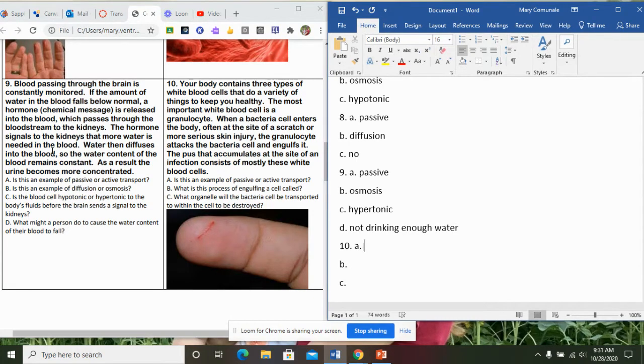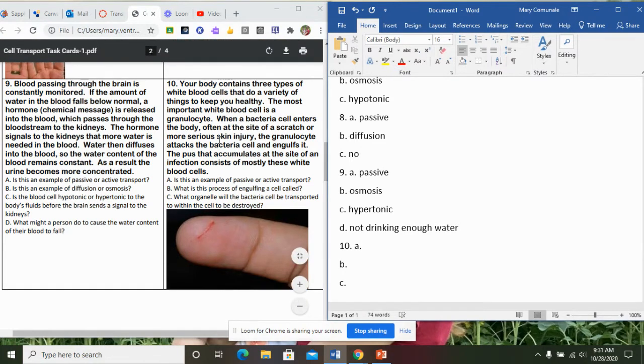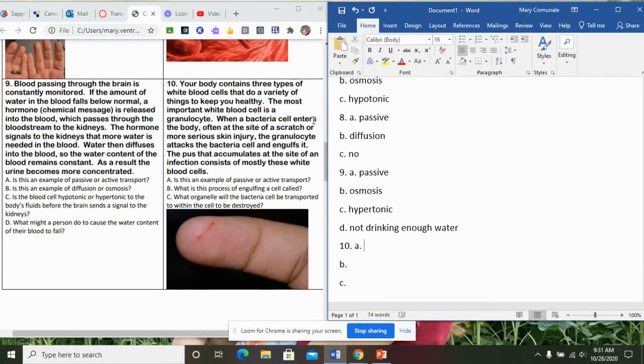Okay. Getting back to the question here, is this an example of passive or active transport? So we are talking about a bacteria coming in, a granulocyte attacking the bacteria cell and engulfing it. That means it is going through endocytosis, and endocytosis is a type of active transport.